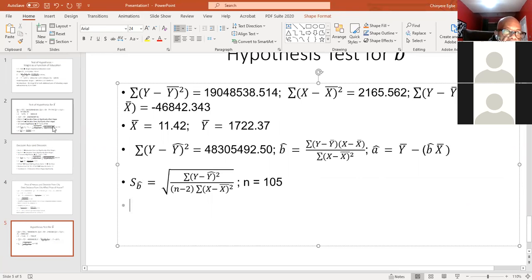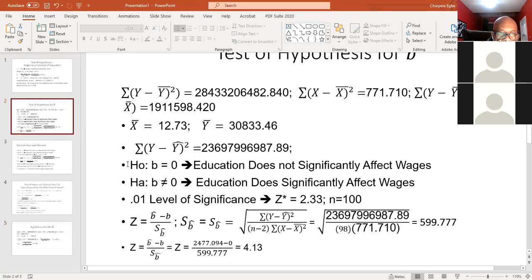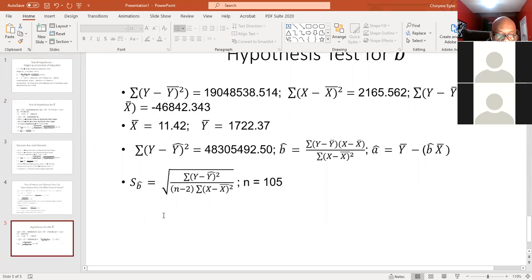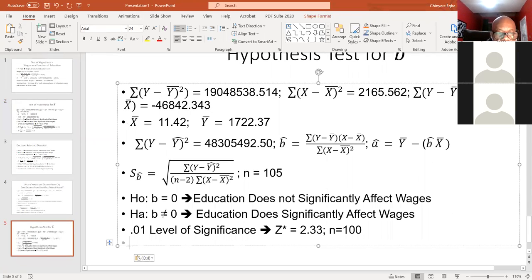As usual, we're not going to reinvent the wheel here. I'm going to take the information from here. So we say distance does not significantly affect price of house.